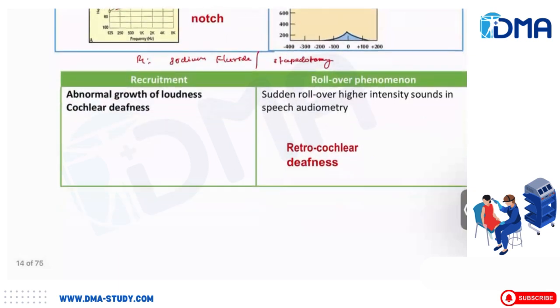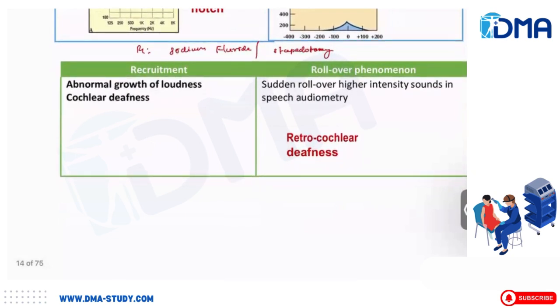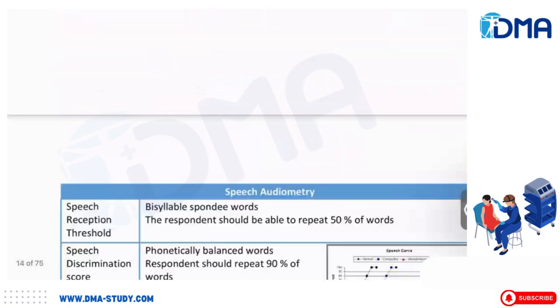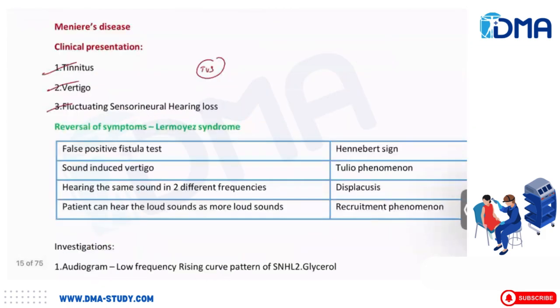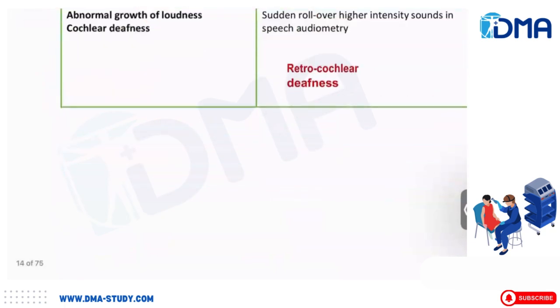Similarly, if the lower frequency hair cells are affected, the higher frequency hair cells are recruited. So the patient will have abnormal growth of loudness. Abnormal growth of loudness is called the recruitment phenomenon. It is seen in cochlear deafness. What are the cochlear deafness diseases that you know? The first one is Meniere's disease.